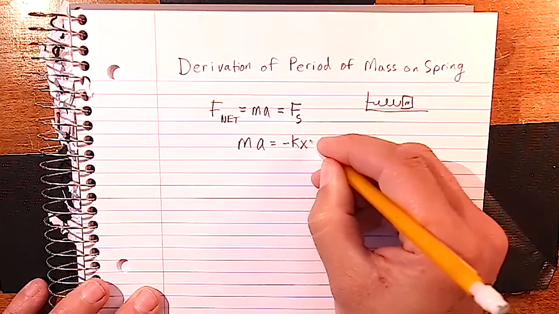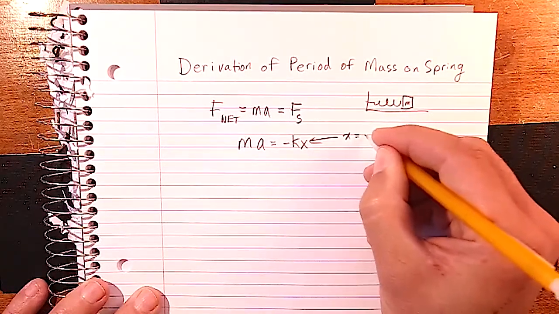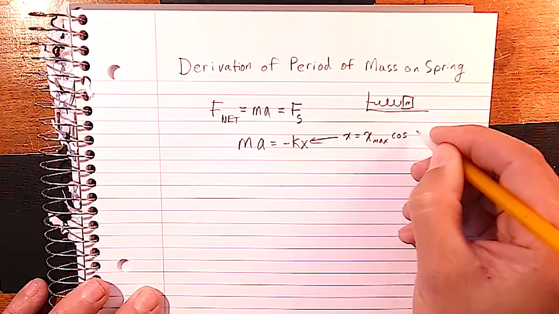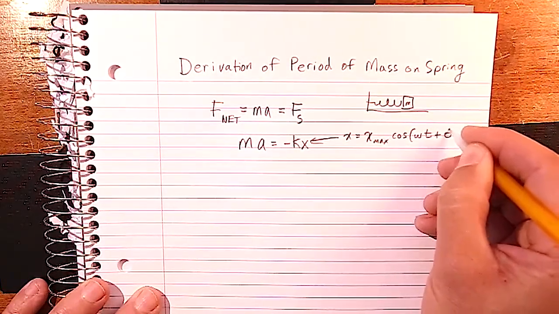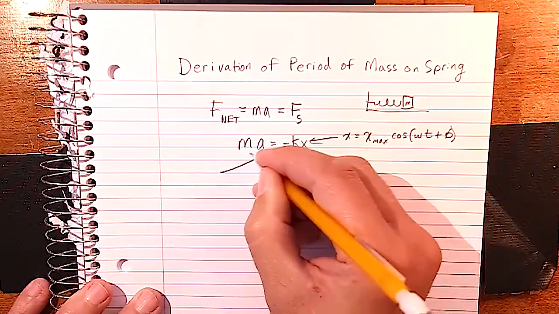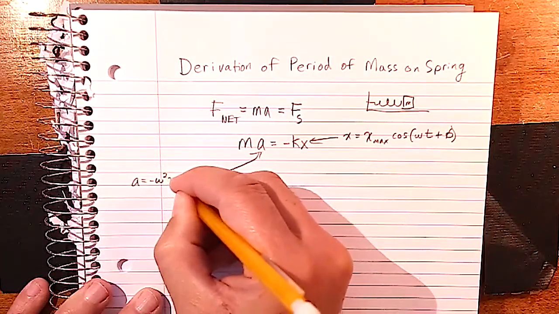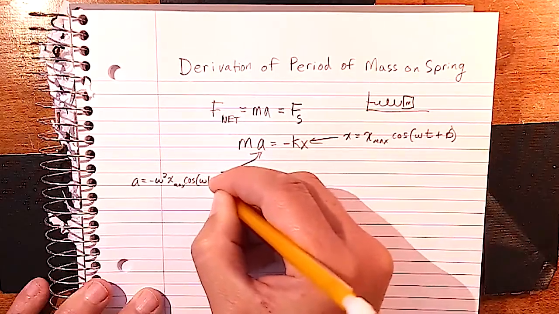But what's the position? Well, we know x is equal to x max cosine omega t plus phi. You can see how important these formulas are, which is why I recommend memorizing them. And we know that the acceleration is negative omega squared x max cosine omega t plus phi.